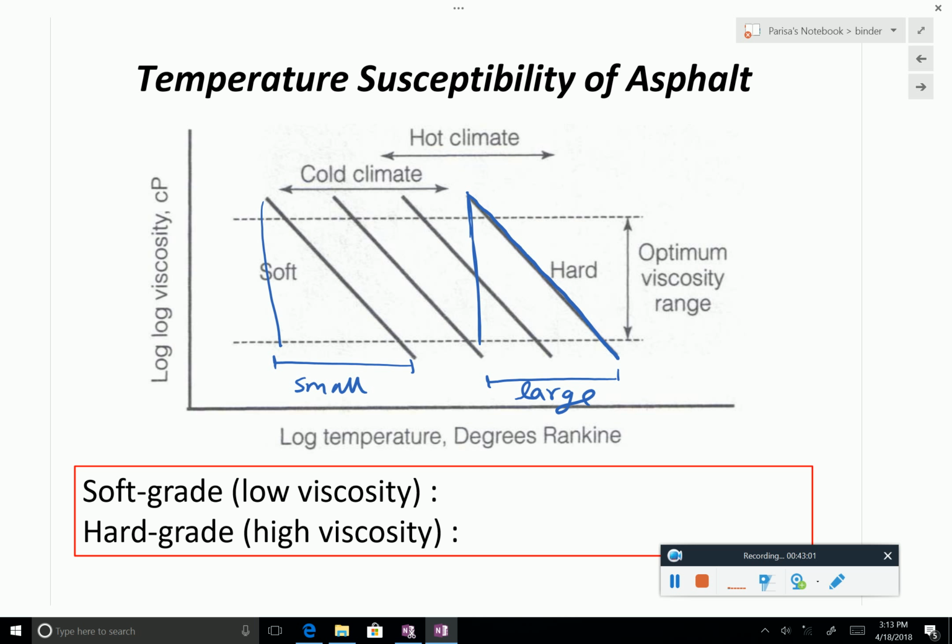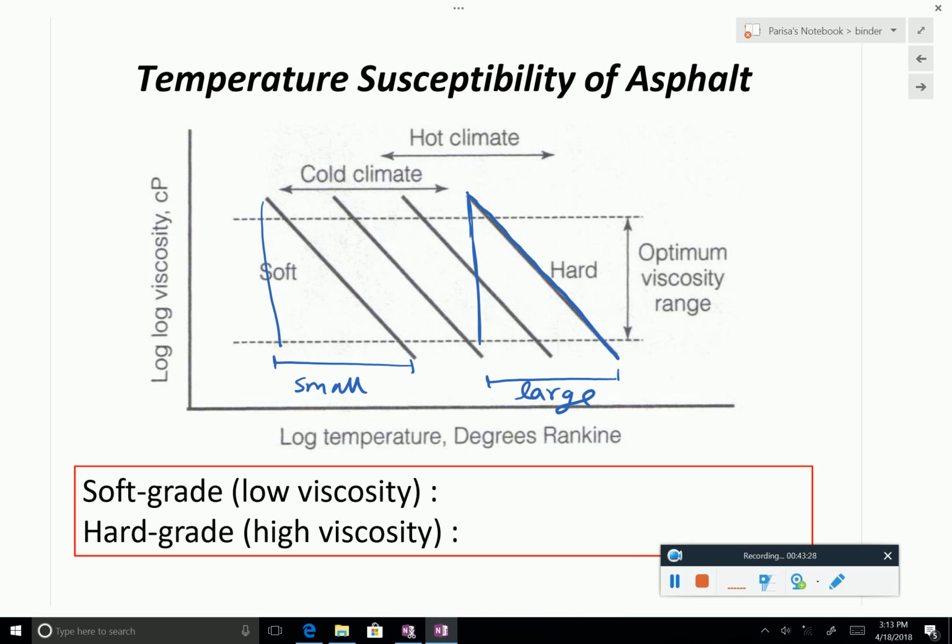So this is called soft graded. This is hard graded. Other than having a high or low viscosity, you also have to see how the viscosity is changing with temperature. Because you can start with a good material, but if it loses viscosity with temperature like that, it's not going to be as good for a certain application.